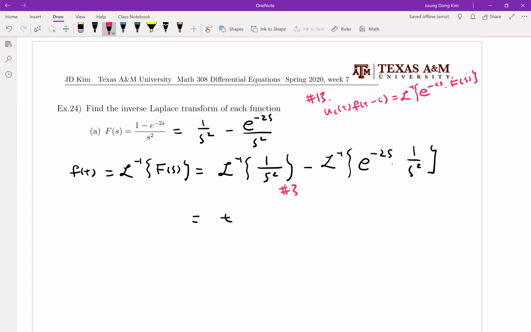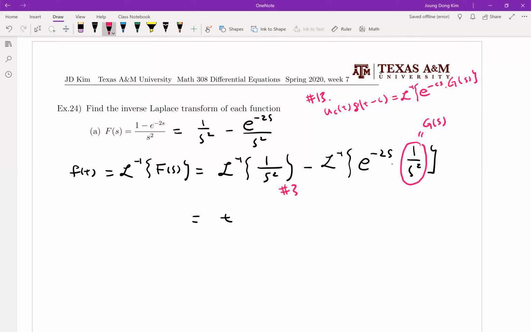So when you compare this table thing and this one, definitely this is, let me write g instead, okay? This is the G of s part.